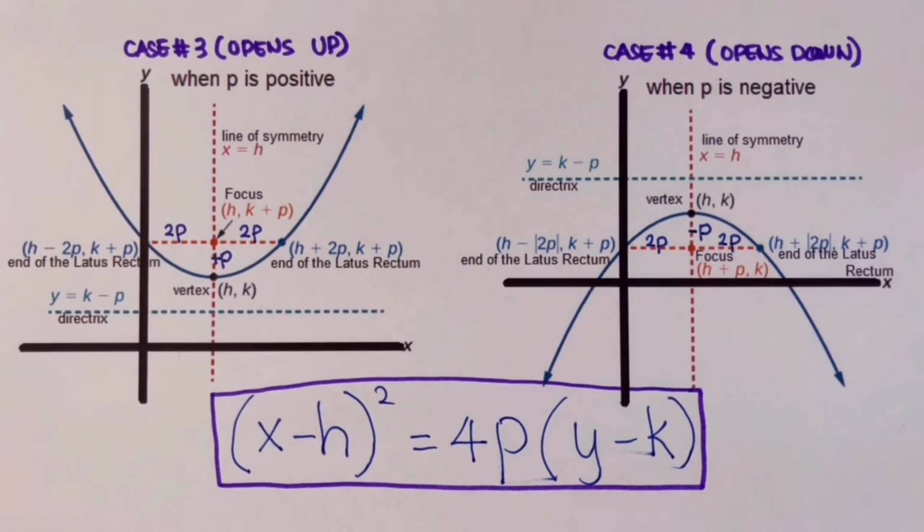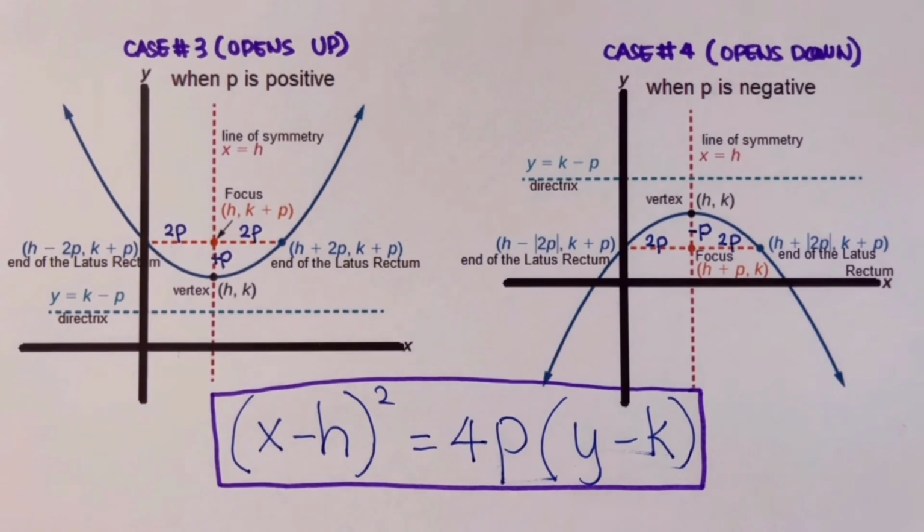Again, notice that the distance from the vertex to the directrix is equal to the distance from the vertex to the focus. And so this is the graph of this given equation that we have up there. Now let's move on to the next example.